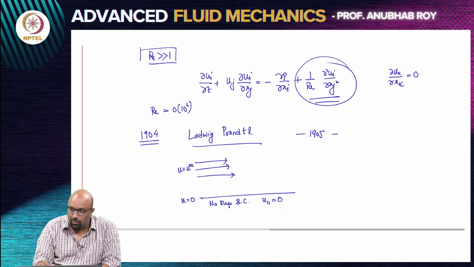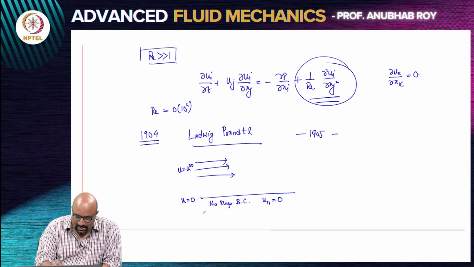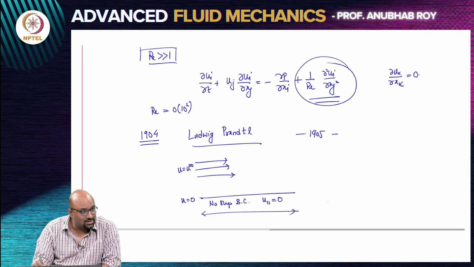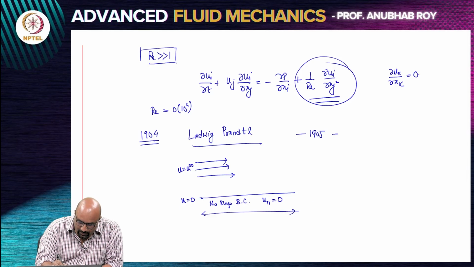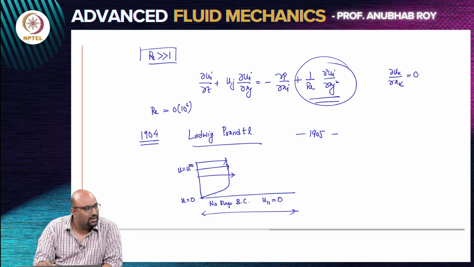Prandtl's viewpoint was the following: if you have a very low viscosity in the problem, which means that viscous effects are negligible and do not travel a very large distance, then the fluid would start from a 0 velocity, but very quickly it would achieve the velocity that is flowing further away.